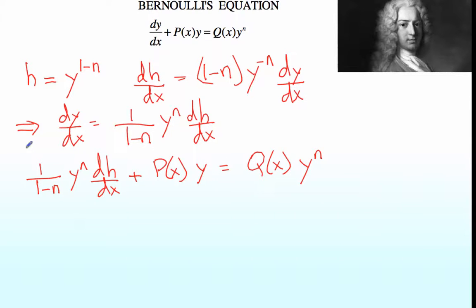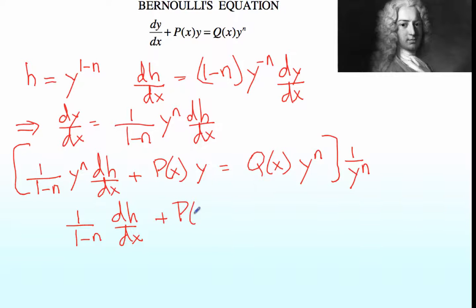Now take this over here and divide both sides by y to the n, in which case what we get is 1 over 1 minus n dh by dx plus p of x, and when we divide y by y to the n, we get y to the 1 minus n, but that's just equal to h, so that becomes h here, and this is q of x.